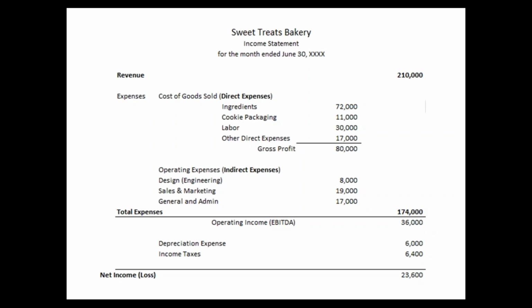But really what it is doing is decreasing your assets, because they do wear out, they get used up over time, and it is costing you something to have that piece of equipment, in this case, oven or cash register, for that period of time. Someday you'll have to replace those. So again, that's going to be big cash out the door, which we don't see on this. We show it incrementally, period over period.